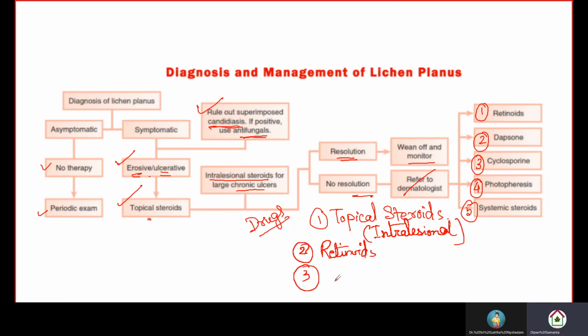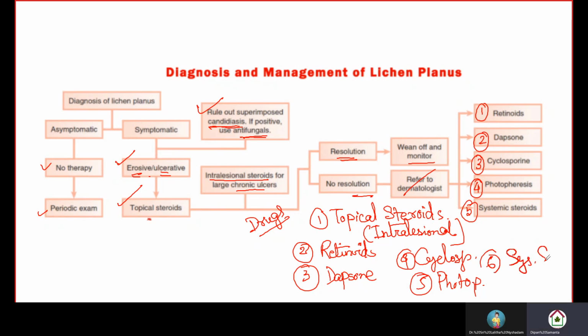Number 3, dapsone. Number 4, cyclosporine. Number 5, photopheresis. And number 6, systemic steroid. Okay, so 6 drugs in total.